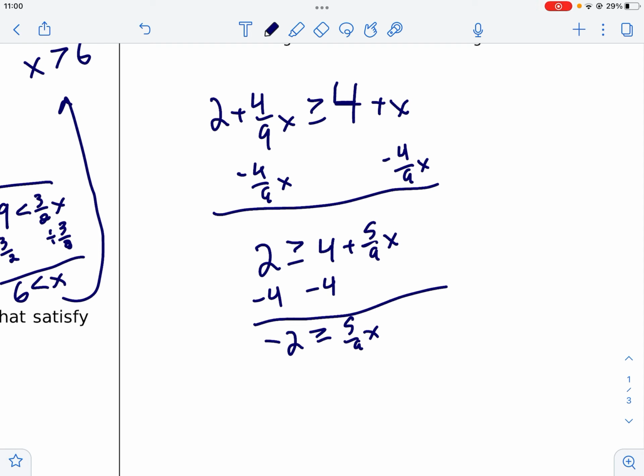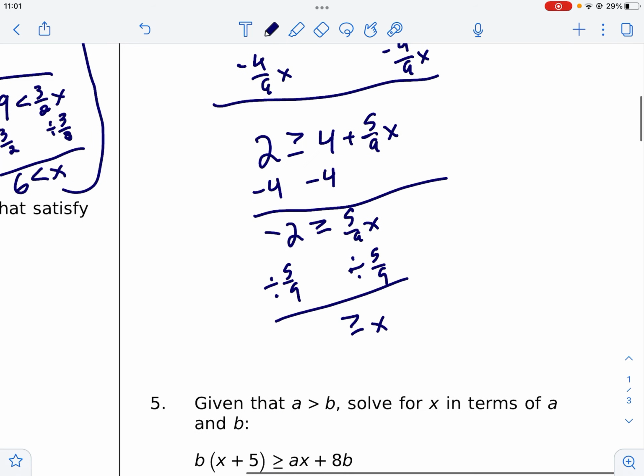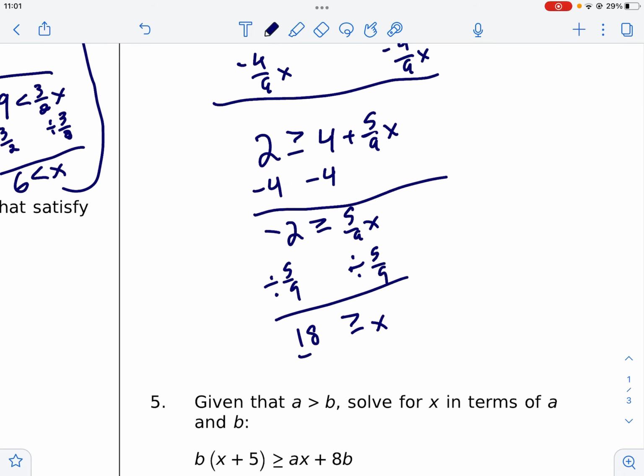If we multiply by 9/5, or we could say divide by 5/9, we end up with -18/5 is greater than or equal to x, or x is less than or equal to -18/5.